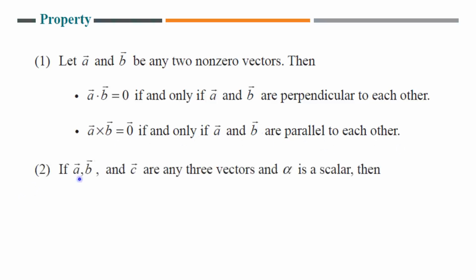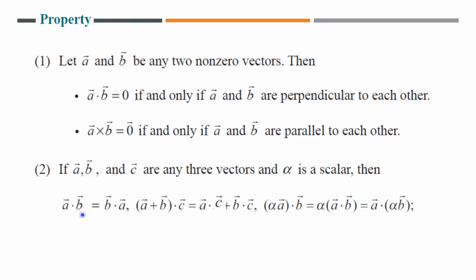See the second point. If a vector, b vector and c vector are any three vectors and alpha is a scalar, then we have some properties. That is, a vector dot b vector is equal to b vector dot a vector. That is, the scalar product satisfies the commutative law. The next one is the distributive law, that is, addition over this scalar product.